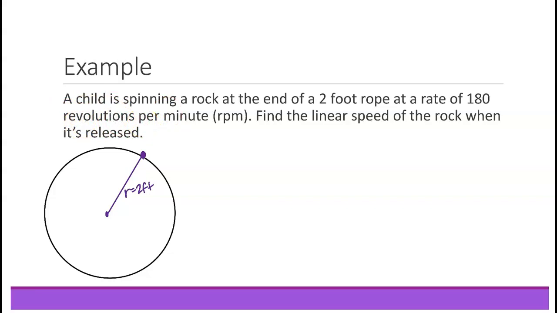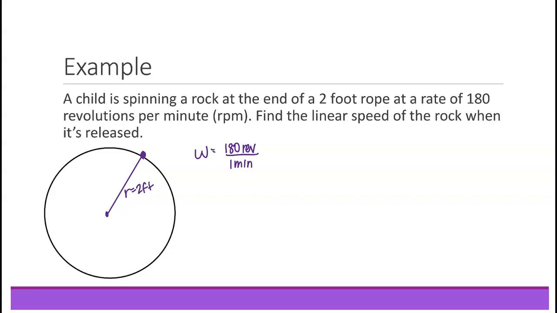Think of a straight line: we measure in inches or in feet or in miles. We are given a rate that has revolutions. That's how far I go in a circle over and over again. So I've been given omega is 180 revolutions per 1 minute.